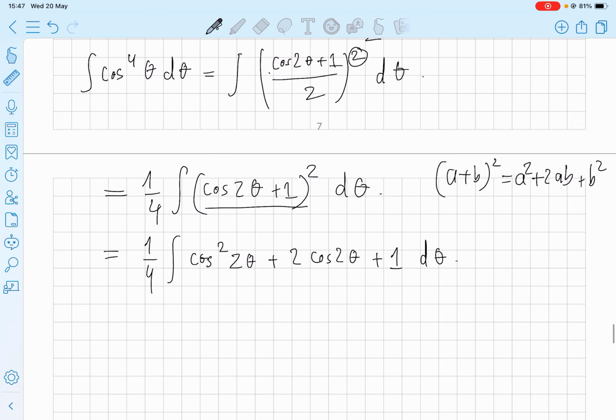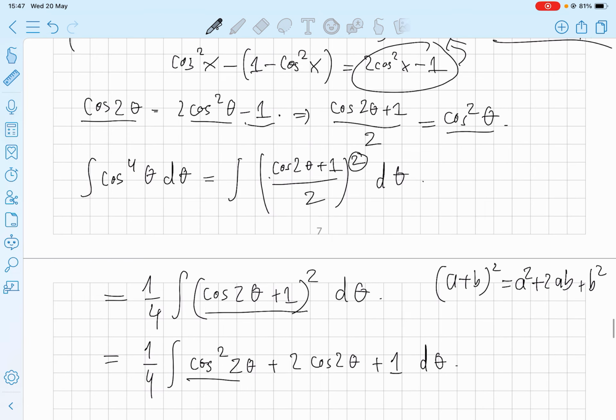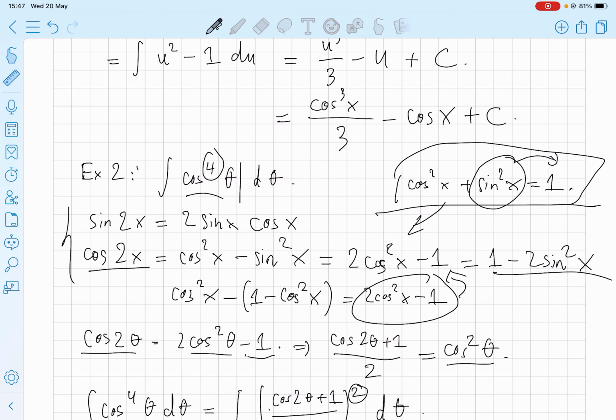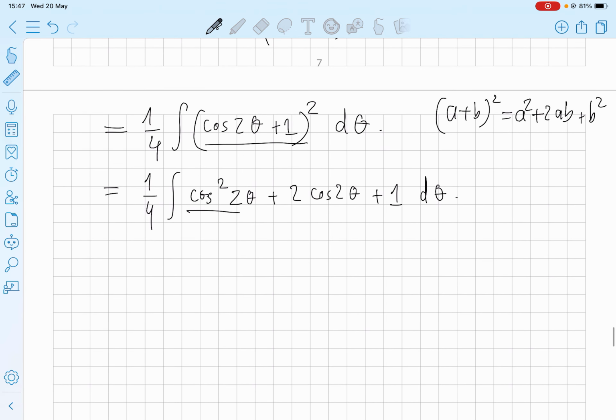And for this one, you will use the identity that I showed you here, but in this case it will be 2 theta, not only theta. So cosine of 4 theta equals 2 cosine square of 2 theta minus 1.